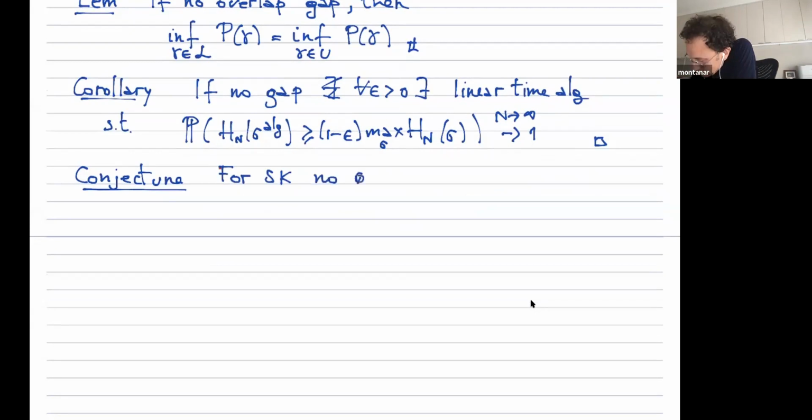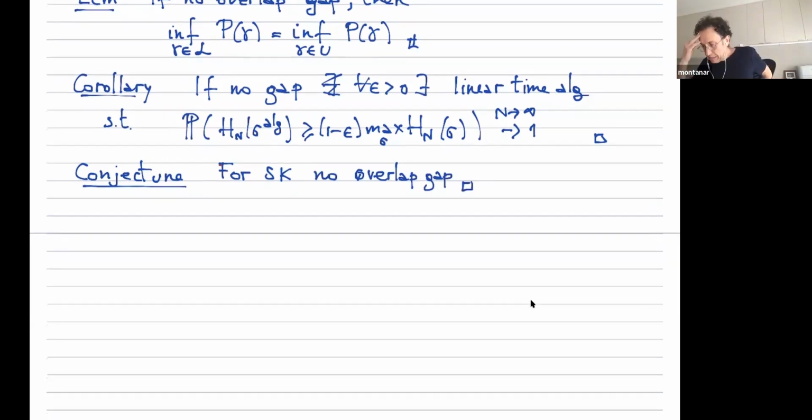So the simple, in quotes, quadratic optimization problem has no overlap gap. This would be one interesting conjecture, and it would say that the theorem is at least non-empty.